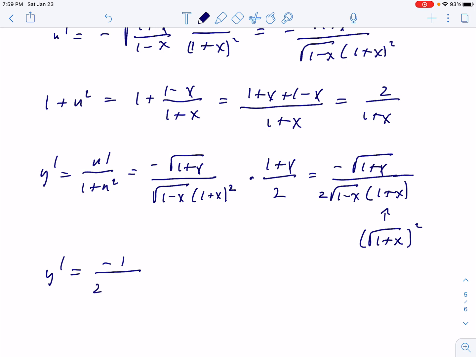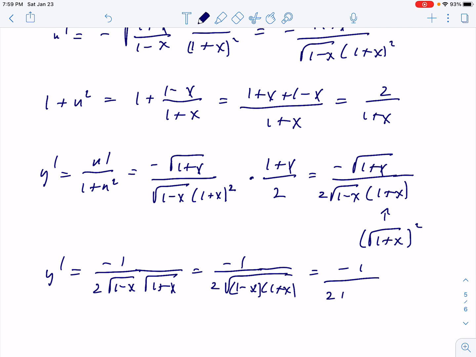There will be 2 root 1 minus x times root 1 plus x, which we can put together: negative 1 over 2 times common root 1 minus x, 1 plus x. Now, you know from algebra, difference times sum, this will be first squared minus second squared, so this will be negative 1 over 2 square root 1 minus x squared.